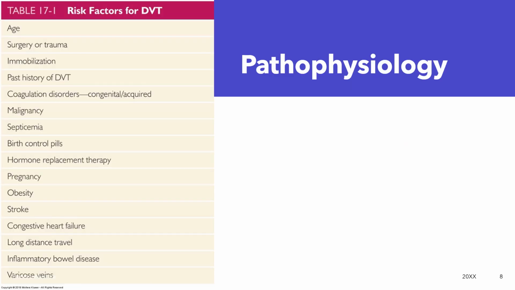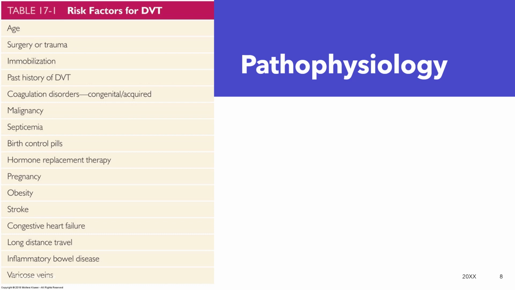Okay, so risk factors for DVT, these really contribute mostly to Virchow's triad as well. A patient that is of advanced age, usually you lose some mobility with age, so that puts you more likely to have static venous flow.